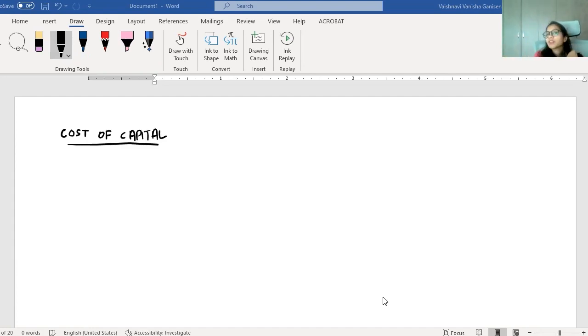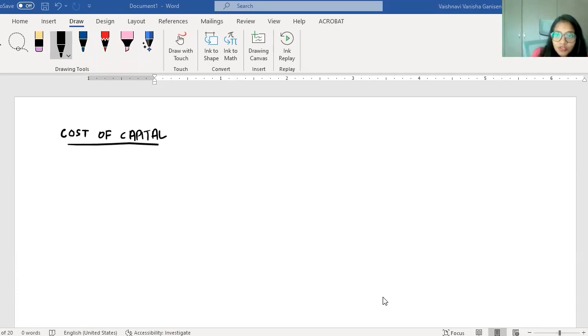When you think about cost of capital, whenever we use it in investment appraisal, I'm sure in your mind it's like, okay, I discount at cost of capital, but what is cost of capital? And why do I need to discount my project at the cost of capital?